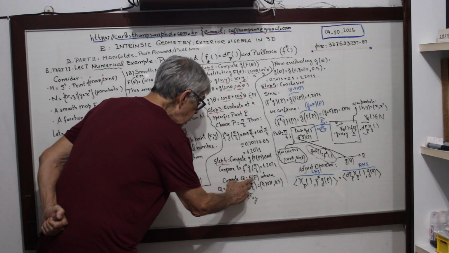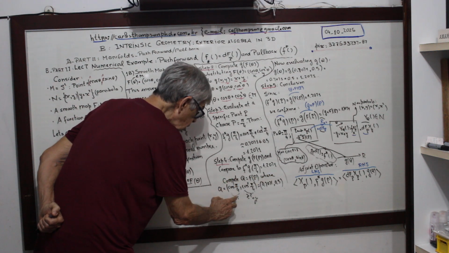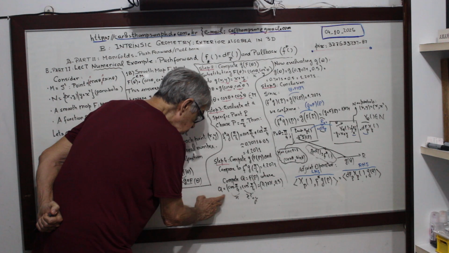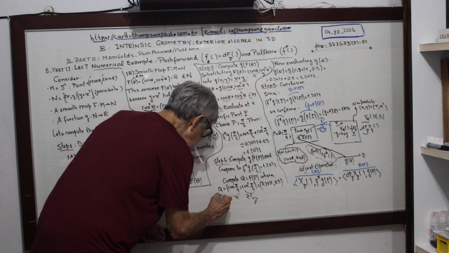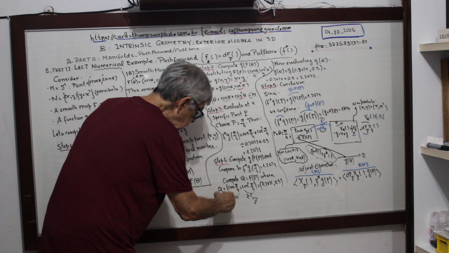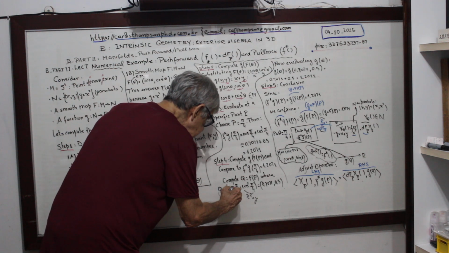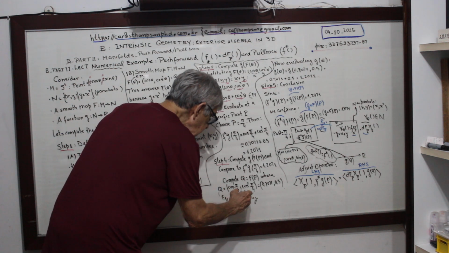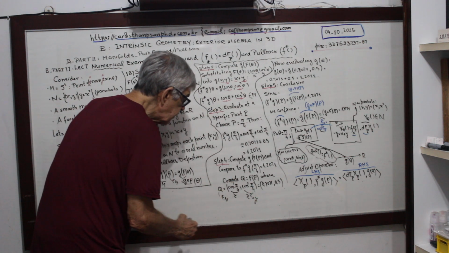Compute Q, f of P, where Q, attention now, belongs to the manifold N. The cosine of pi over 4 is x, and cosine squared is x squared over there.